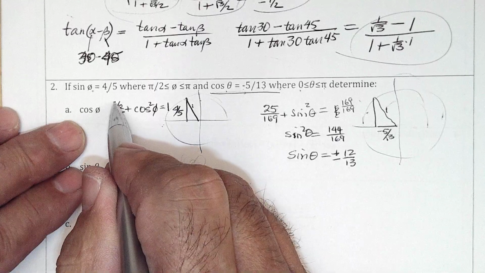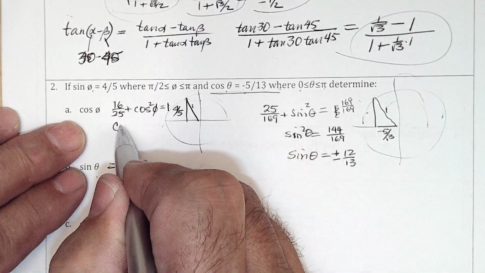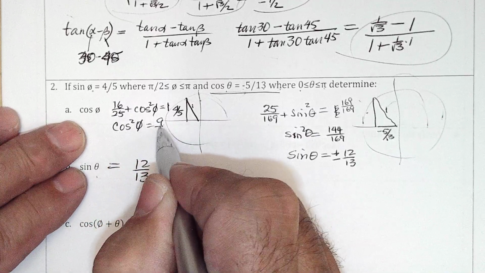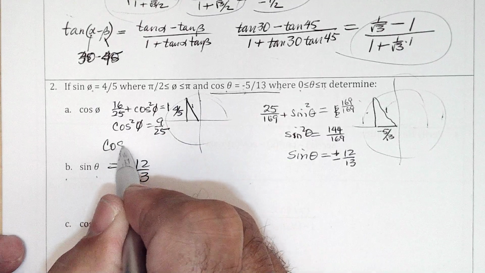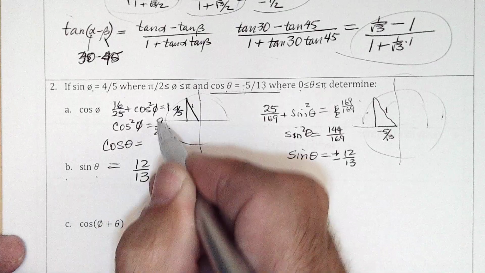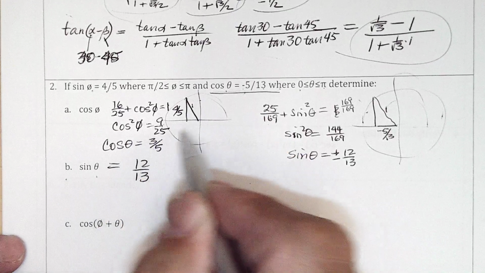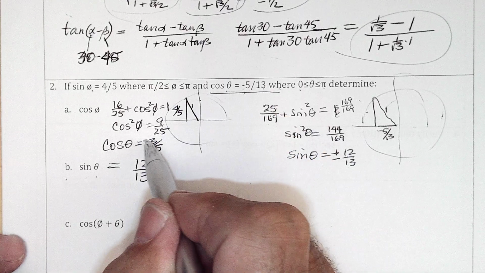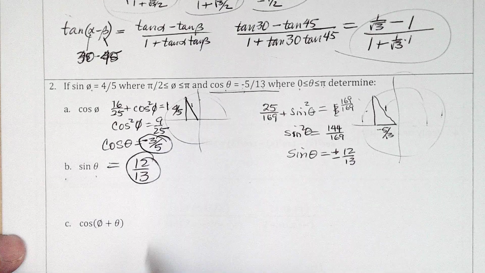So I subtract 16/25 from 25/25, and I get cosine squared phi is 9/25. So cosine of phi is the square root of that, which is either 3/5 or negative 3/5. But if it's there, the cosine is negative. So there's the cosine, there's the sine.